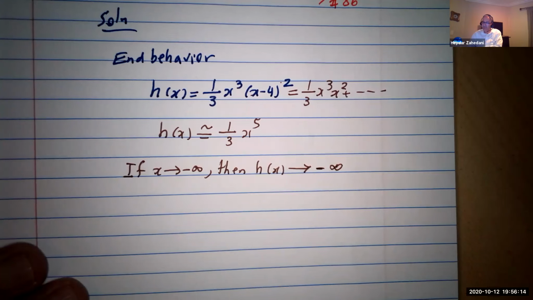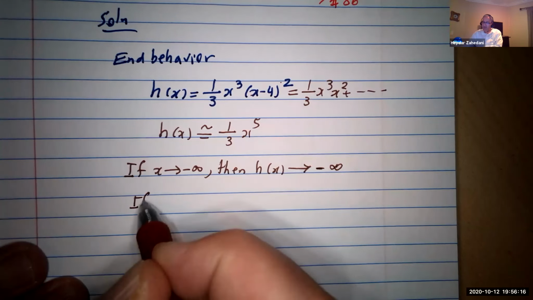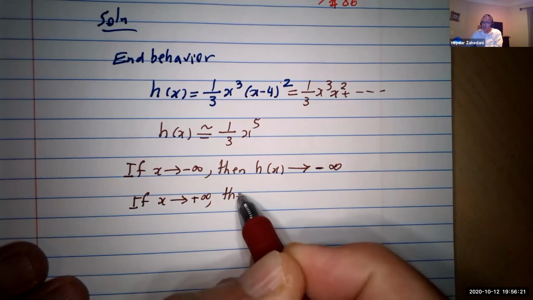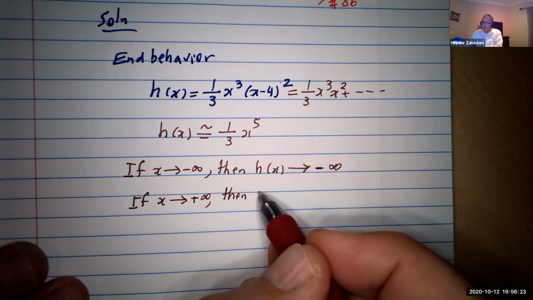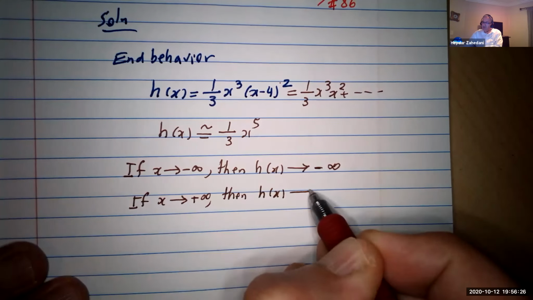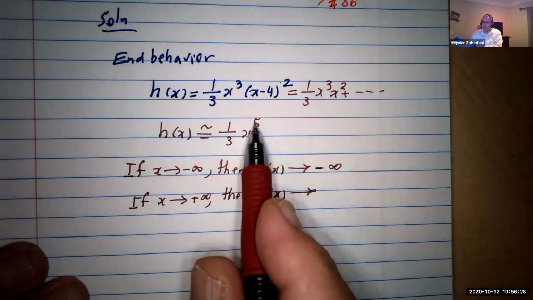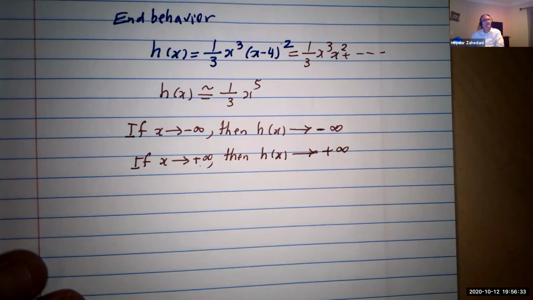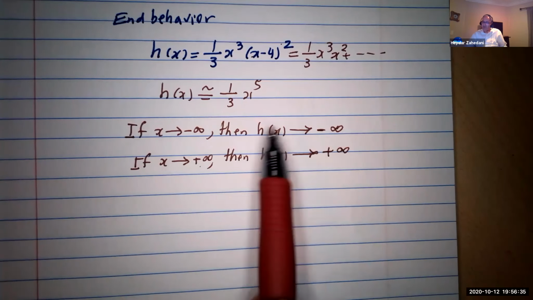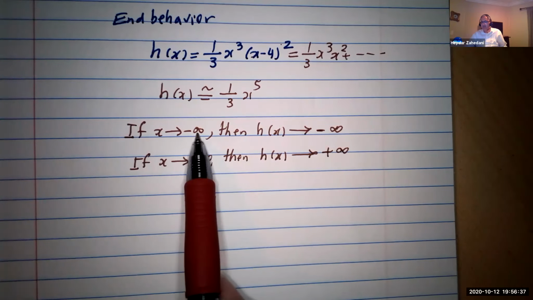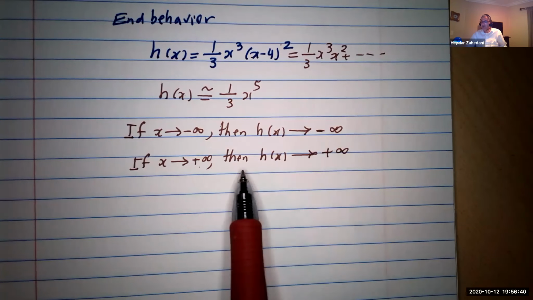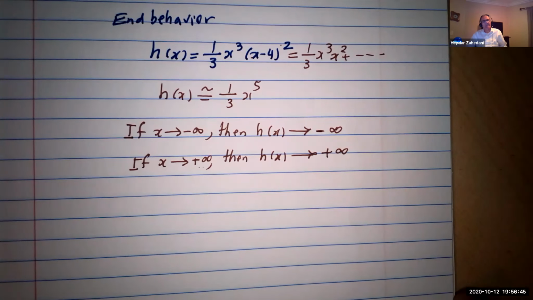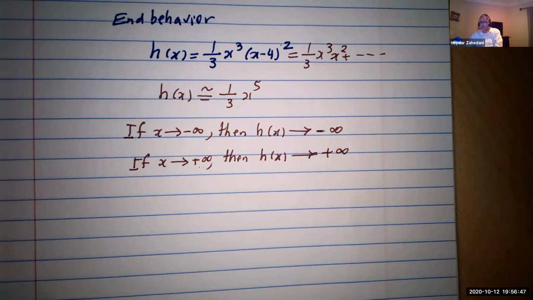Now, if x goes to positive infinity, h of x goes to positive to the 5th, which would be positive, so that gives you positive infinity. So that tells you that you start from the 3rd quadrant, negative, negative, and you end up in the first, positive, positive. Any question? So that was the end behavior.